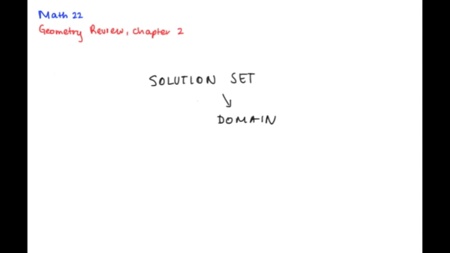And then there's going to be a solution set, which is part of the domain of numbers. But in this case, it's just going to give you all the possible answers to make that open sentence true. So our example, 5x equals 15, the solution set for that would be 3. Similarly, if I said x squared equals 4, the solution set is either 2 or -2.